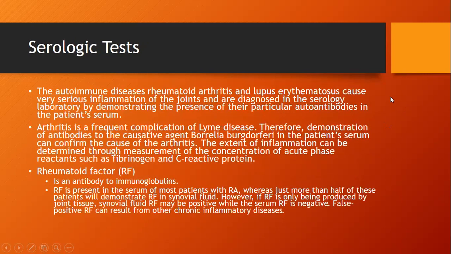Another test that we could do are serologic tests. This is actually used to determine autoantibodies in the synovial fluid, for example, determination of rheumatoid factor, or other autoimmune diseases such as lupus erythematosus.